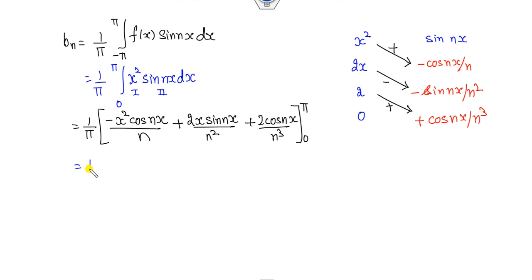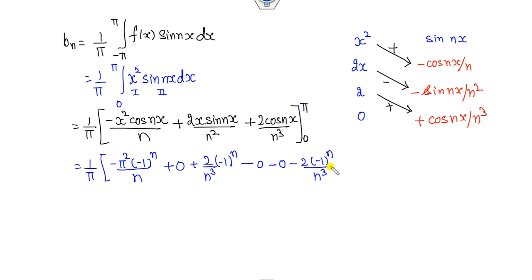Now substitute this value. It is 1 over pi. When you substitute pi, cos n pi will be minus 1 raised to power n. Sine n pi is 0. Cos n pi gives 2 over n cube minus 1 raised to power n. Minus lower limit. If you substitute 0, it's 0. If you substitute 0, again 0. If you substitute here, it will be 2 minus 1 raised to power n over n cube.